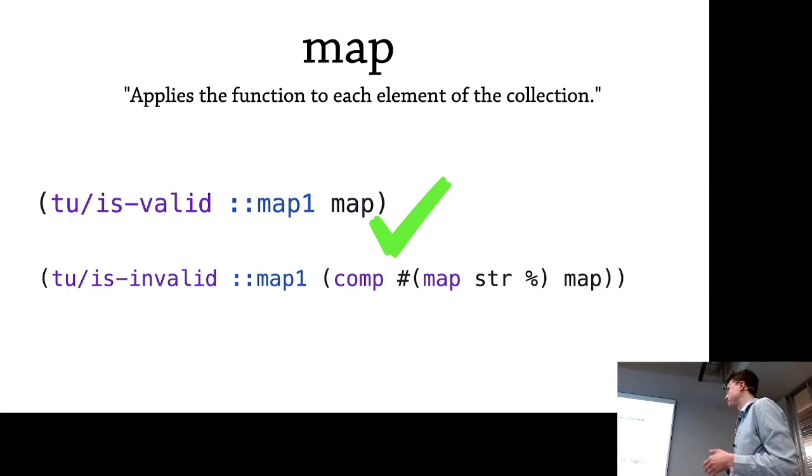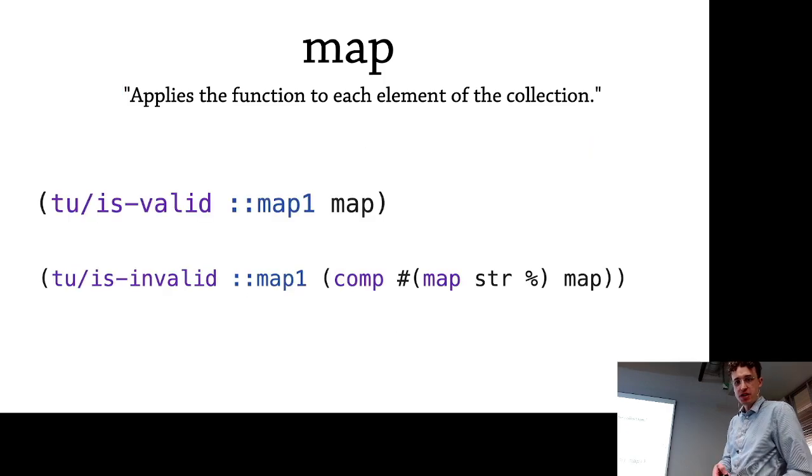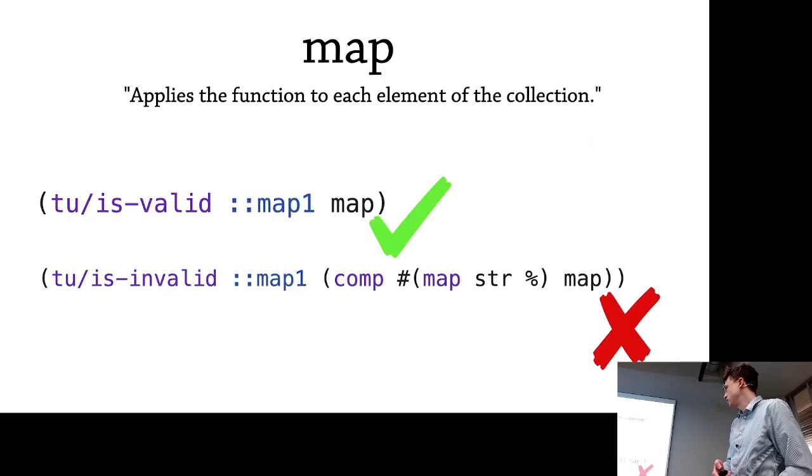This will pass. But the punchline is that the computer here, type CLJ spec, can actually tell you that this is a bad implementation of map. I didn't put the actual output, but the counterexample you get is a spec.